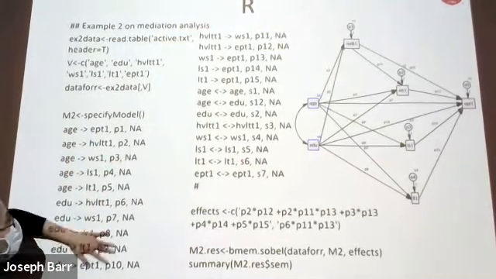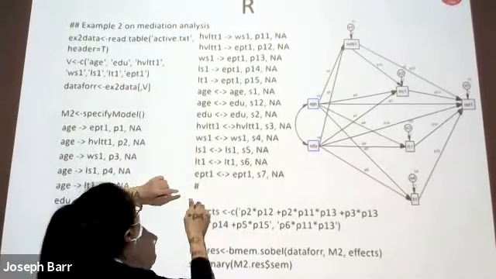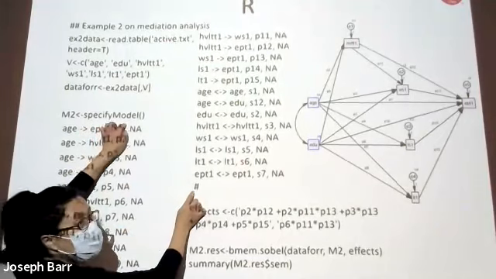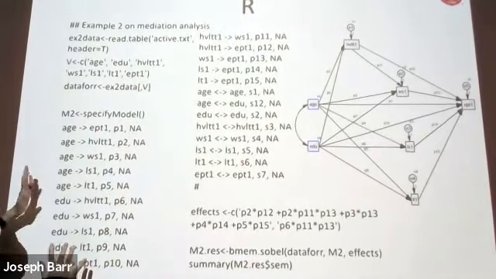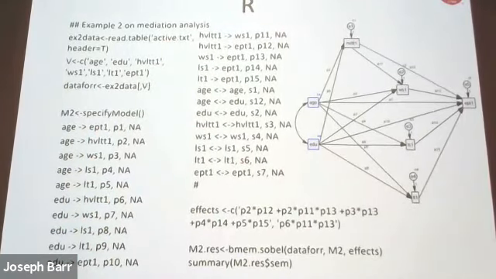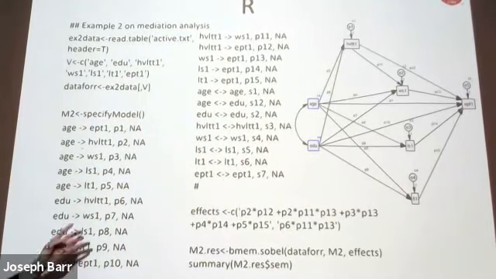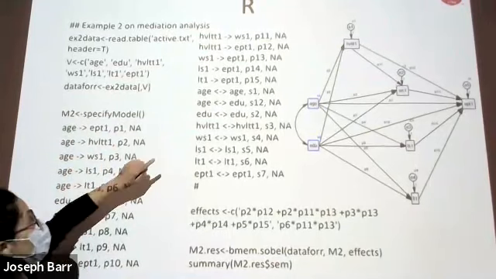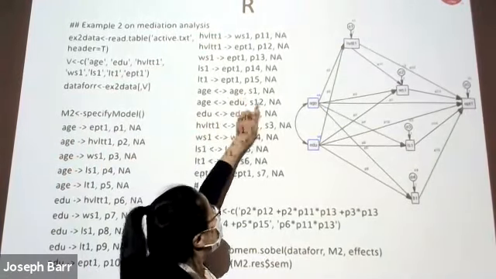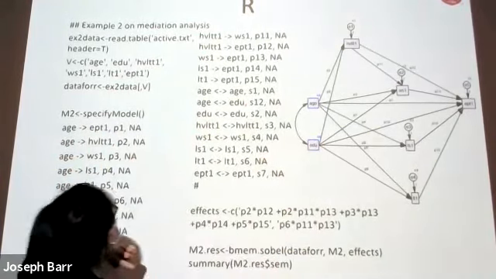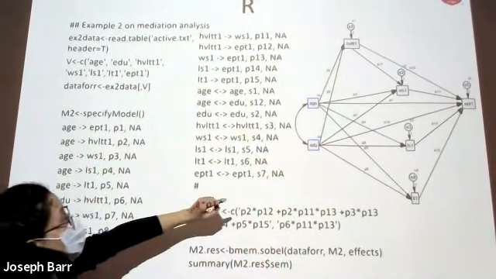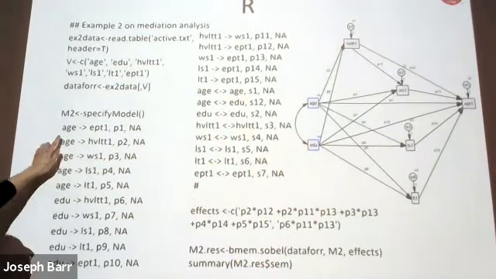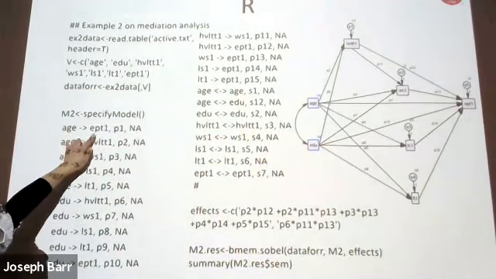And this is our model. From specified model to the pound sign, all of these tell us which parameters we are going to estimate. P1, P2, P3, to P15. All of these are listed here. For example, P1, what is P1? P1 is a coefficient from age to EPT1.